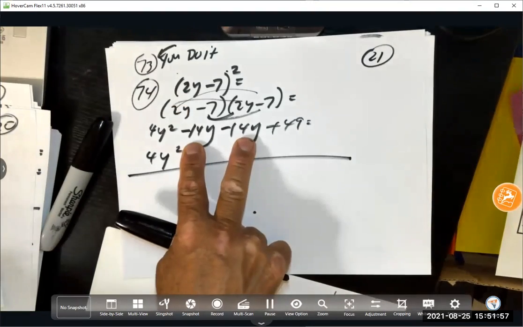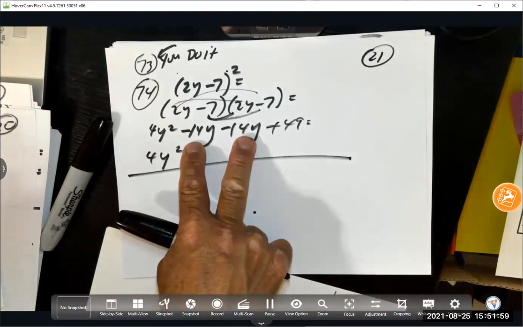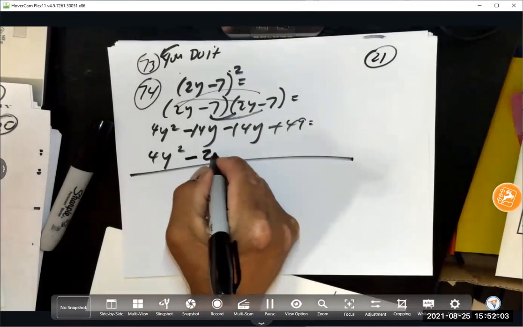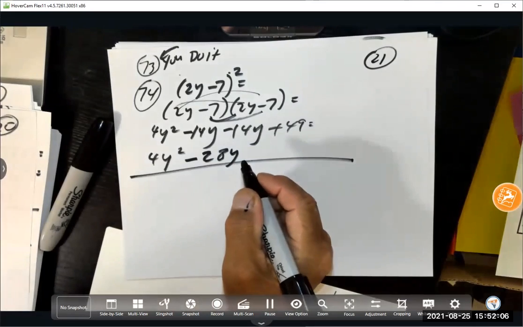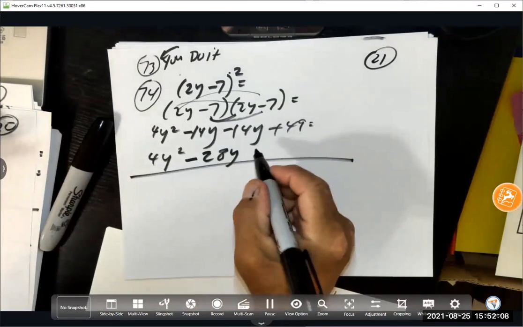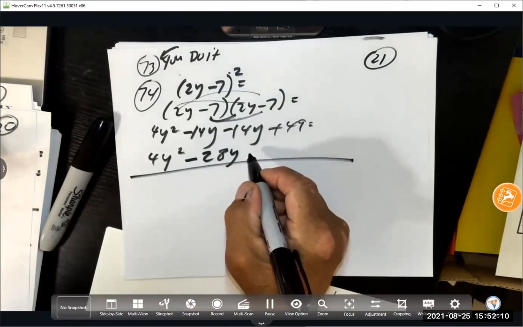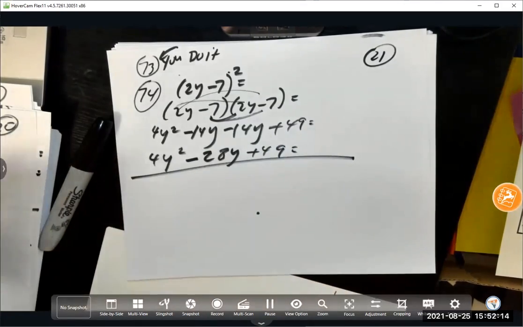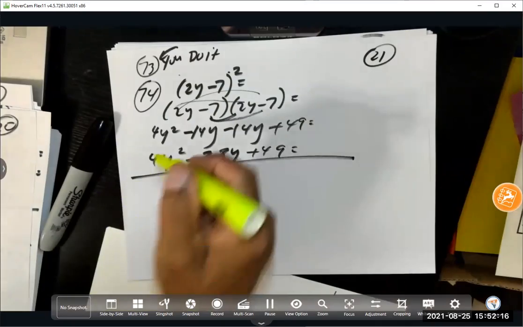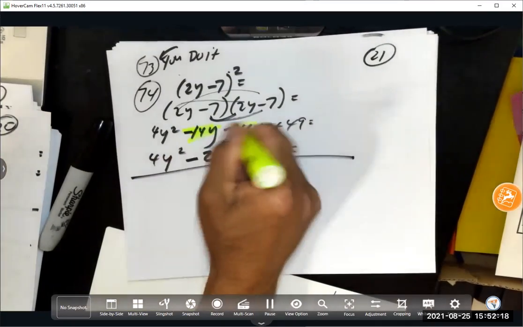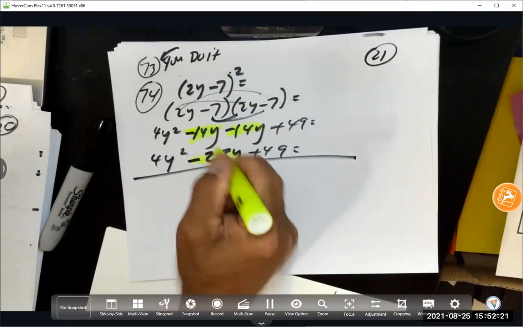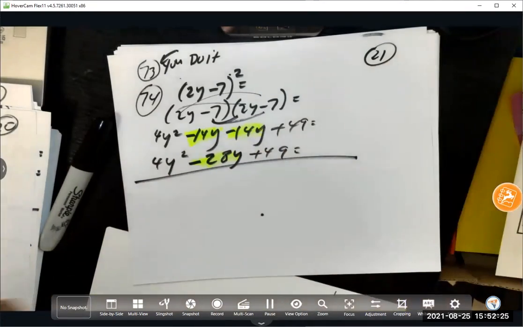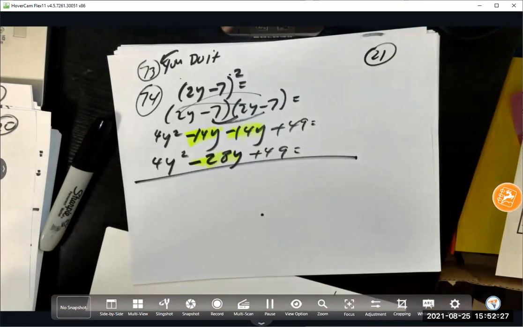What's a negative 14 and a negative 14? Negative 28y. There you go, you got it. And what else? Plus 49. Because this one doesn't go away because the signs are the same. You just add them up and write it down. Y'all see why you do this? I just did one just like this one. Okay? All right, that's number 74.